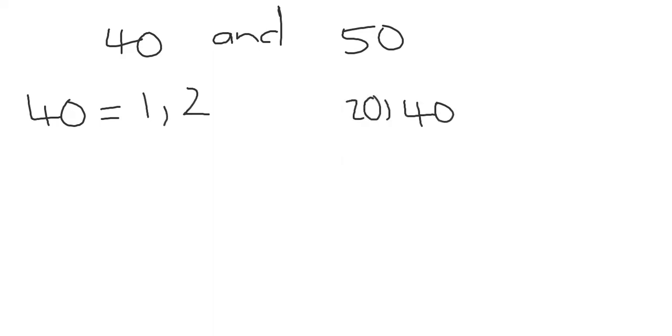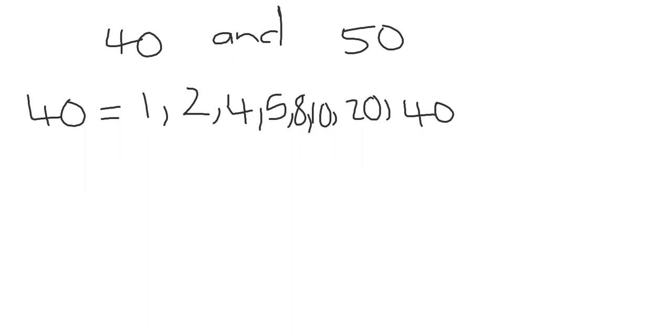Then the next one is 4. 40 divided by 4, we get 10. Then the next one is 5. 40 divided by 5, we get 8. So these are our factors of 40, numbers that can divide 40 without leaving a remainder.